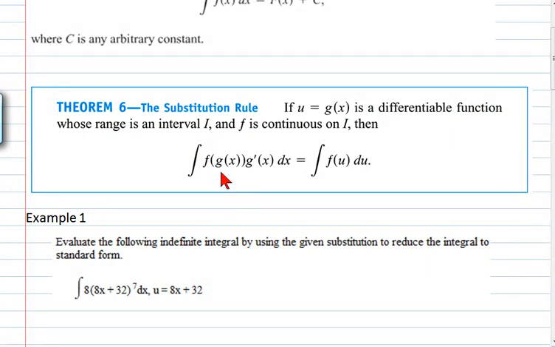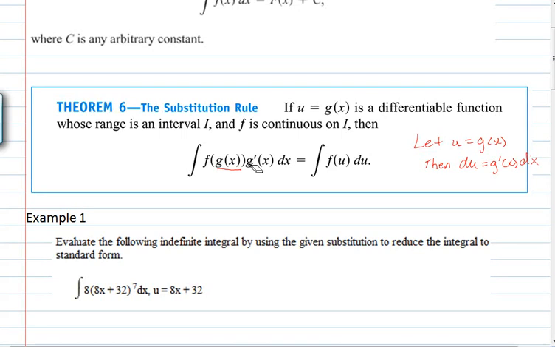What this means is you can find something to let u be equal to. We're going to practice a bunch of these today. If we let u be equal to a differentiable function g of x, then du, our differential for u, is equal to the derivative of g times the differential for x.